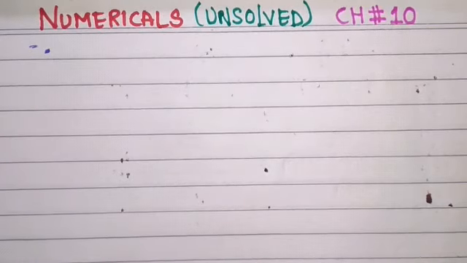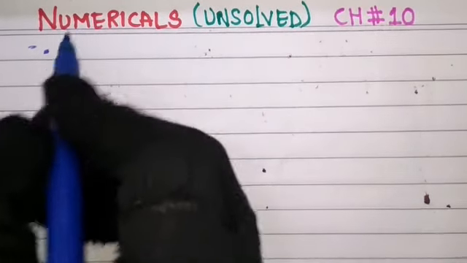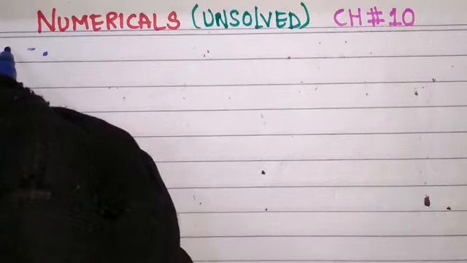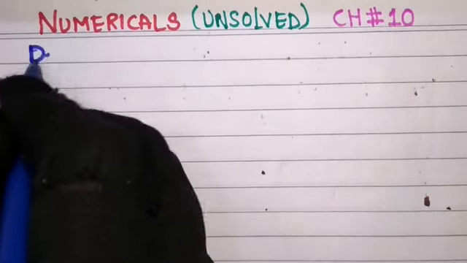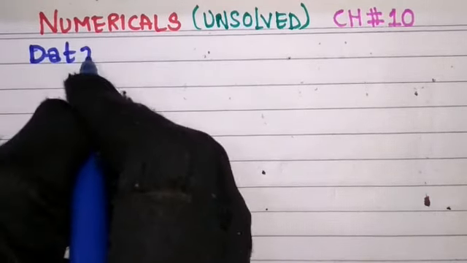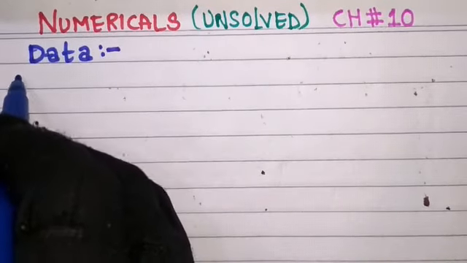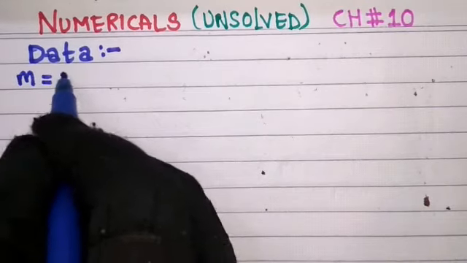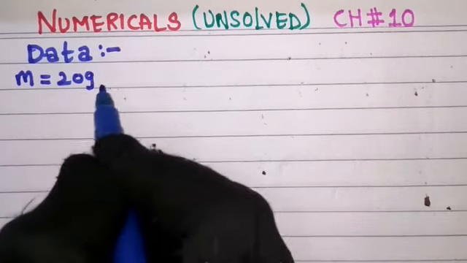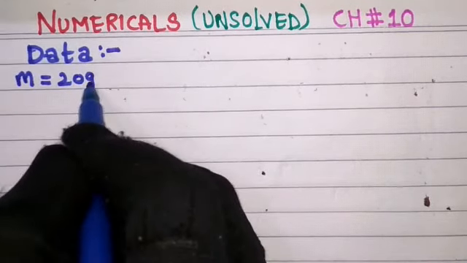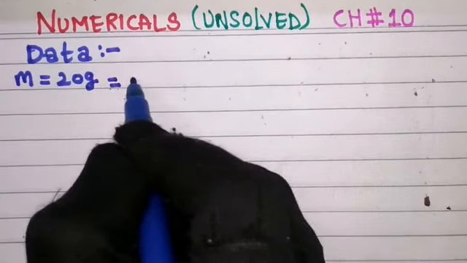As we have studied, in a numerical, the second step is what? We have to write the data. So I'm going to write the data here. First of all, we have been given the mass, that is given as 20 gram. Now we have to convert it into kilogram.